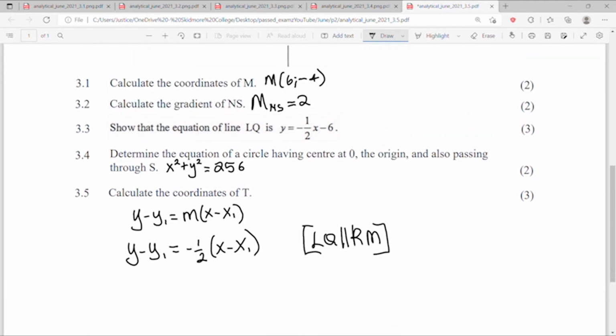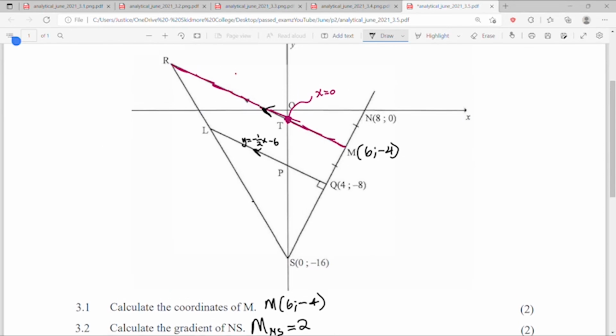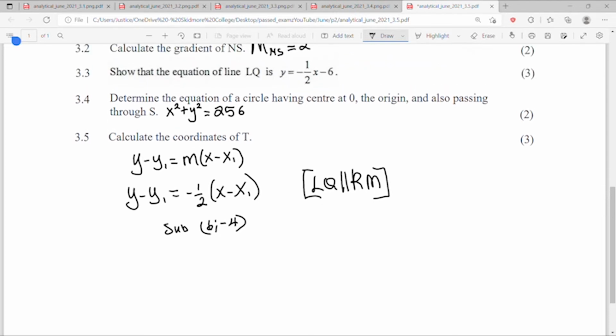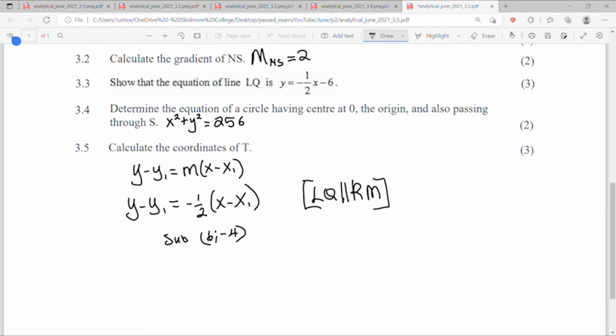We have to substitute a point which is on MR. So this point right here, the point that we calculated previously, (6, -4), is on that line. So we're going to sub in (6, -4). If you're not sure how we got this, you can check out the second video in this playlist.